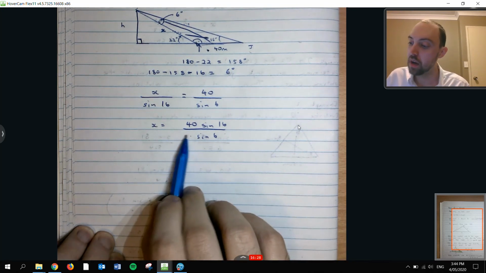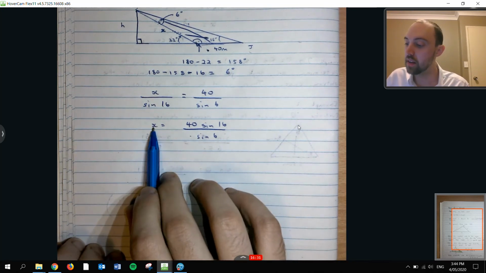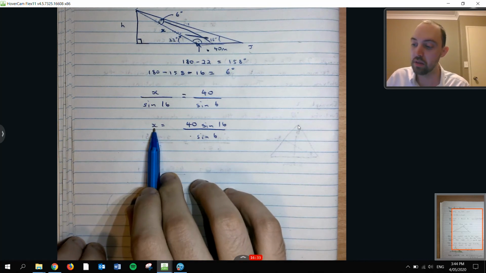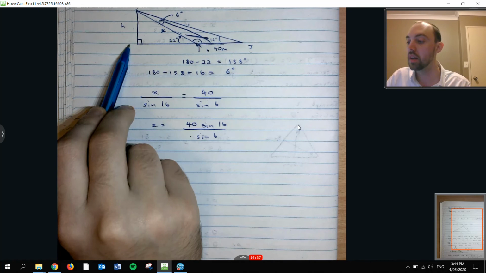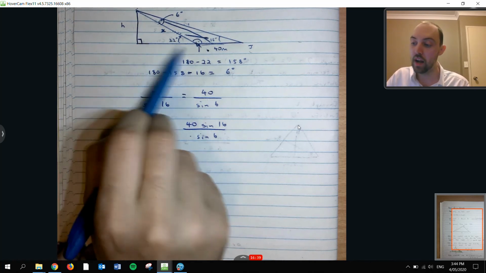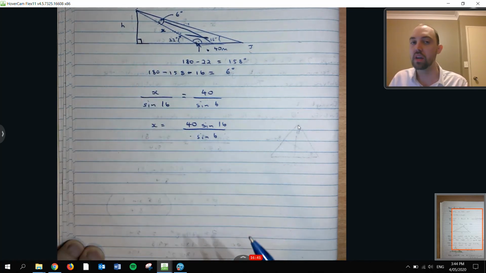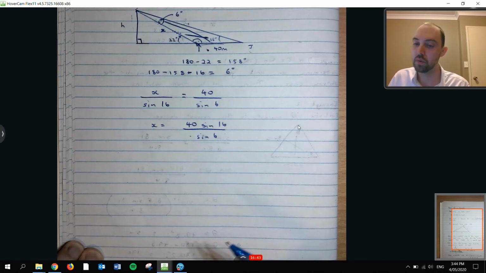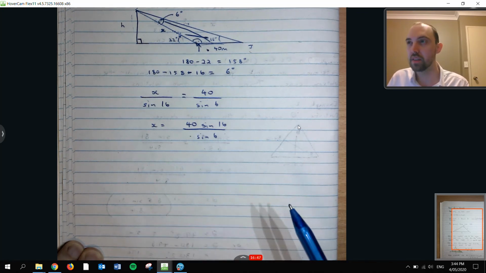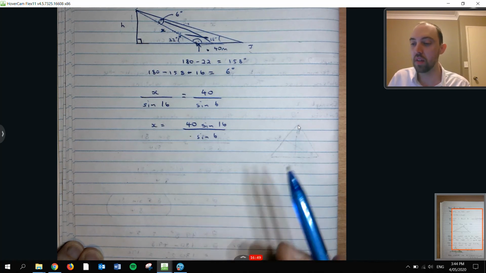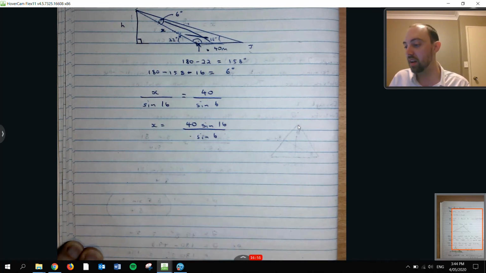Now, I'm going to leave that the way it is. It's not quite what we need to work out. We still need to work out the height of the sand dune. It is in a right angle triangle, so we don't need to use the sine rule. However, it would work, but sine of 90 is 1, so eventually it's just not going to do a whole lot for us.